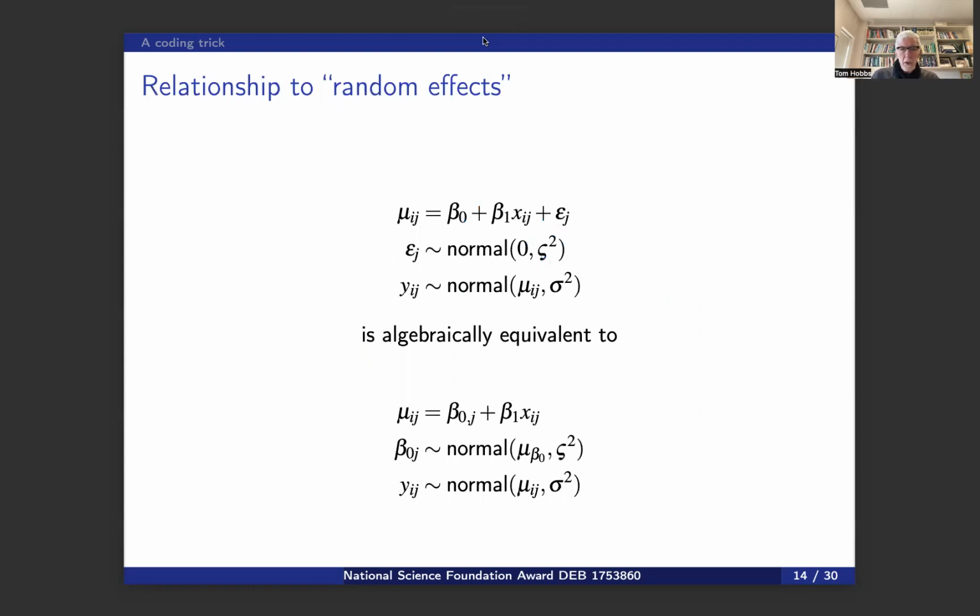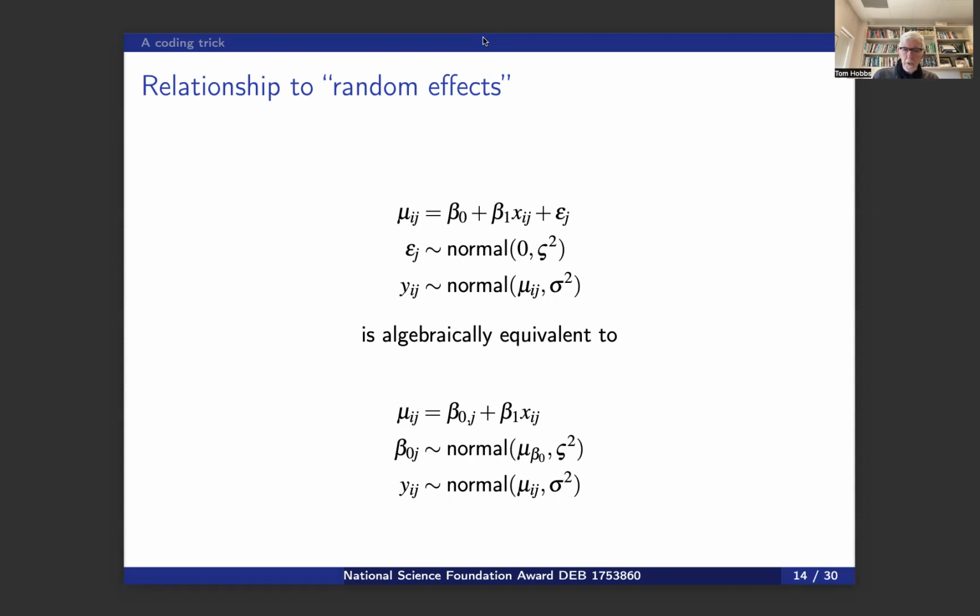Now, you may have heard these models, you probably actually have heard these models called random effect models. So we have a mean for the ith observation in the jth study that's predicted by our regression model, where we have a zero-centered, normally distributed random error that's added to that model. And then the y_ij's are simply the mu_ij's and some sigma squared.